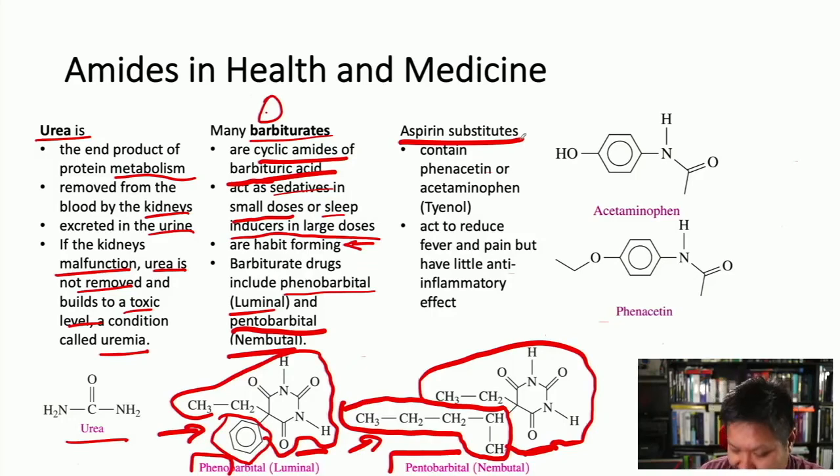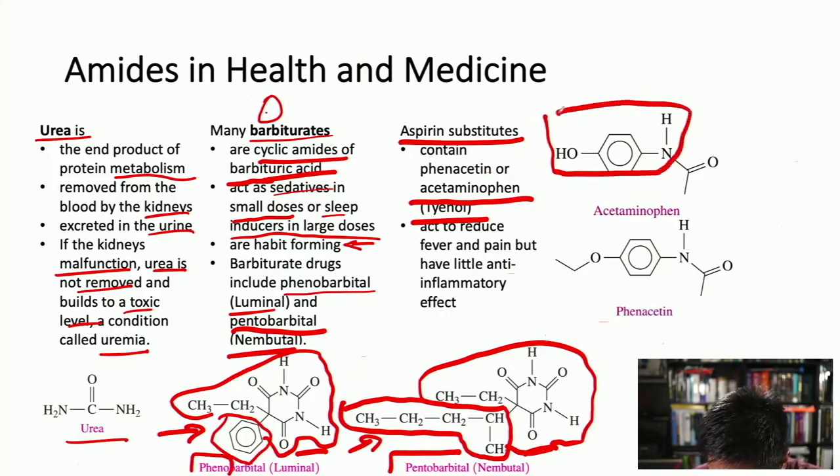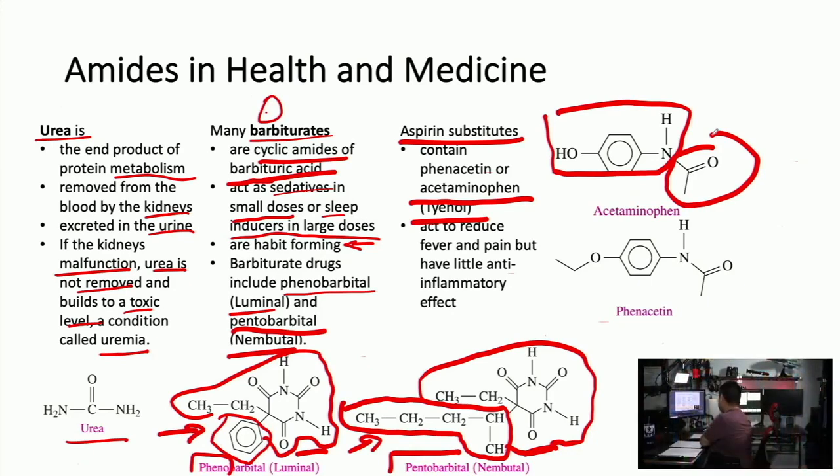Aspirin substitutes like Tylenol, also known as acetaminophen, there's this guy right here, and here's the acetyl group. That's Tylenol right there. And another one is phenacetin. I've actually never heard of phenacetin before, but that's phenacetin right there.